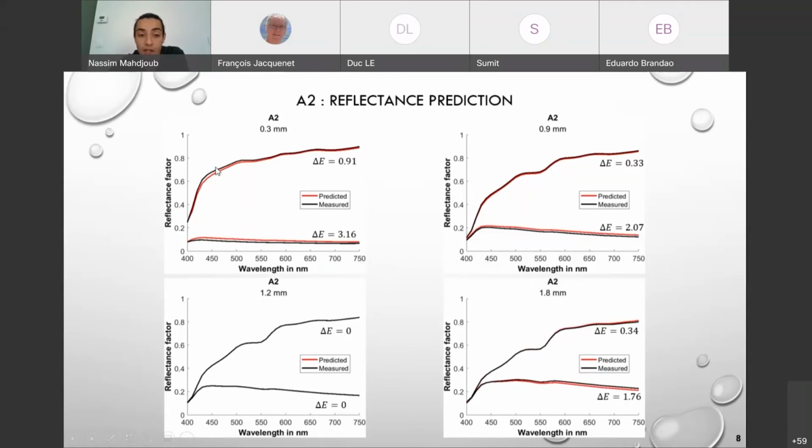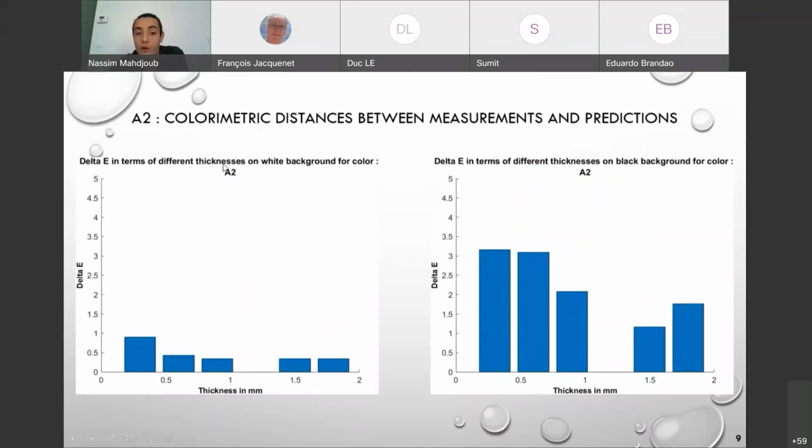And to evaluate these differences, we will use the colorimetric distances. These distances will give us the difference between the prediction and the measurement that we did, taking into account the human perception. And they also give us important information about the validity of the model.